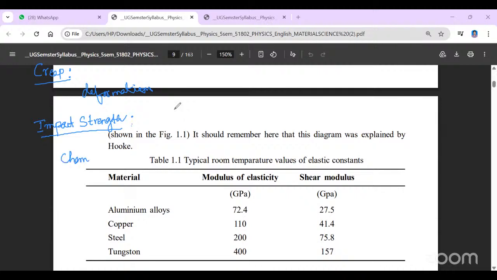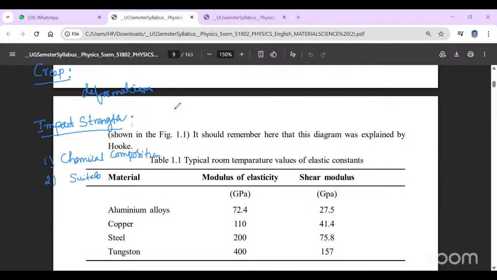Any material which has been taken, that metal or alloy undergoes a test of chemical composition, as well as whether the metal taken for a particular application suits that application or not.